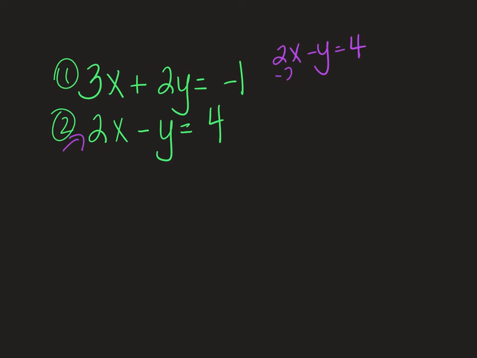I'm going to use my inverse operation and bring 2x over, which cancels. That gives me a negative y equals 4 minus 2x. Now, I do have to still divide both sides by an imaginary negative 1, because if you have a negative y, then you have an imaginary 1 there, and you have to get rid of that negative so that y is a positive.